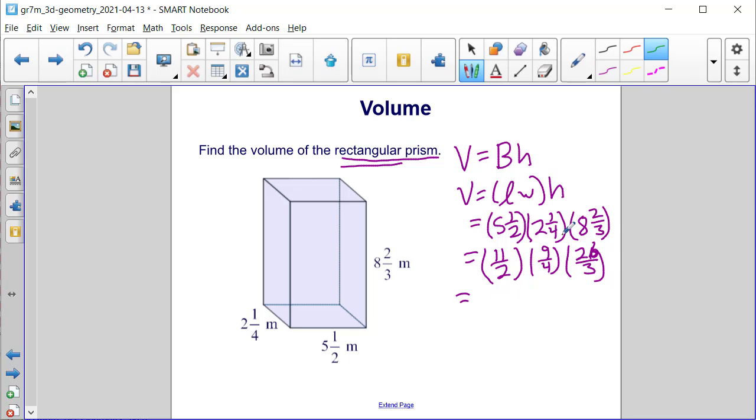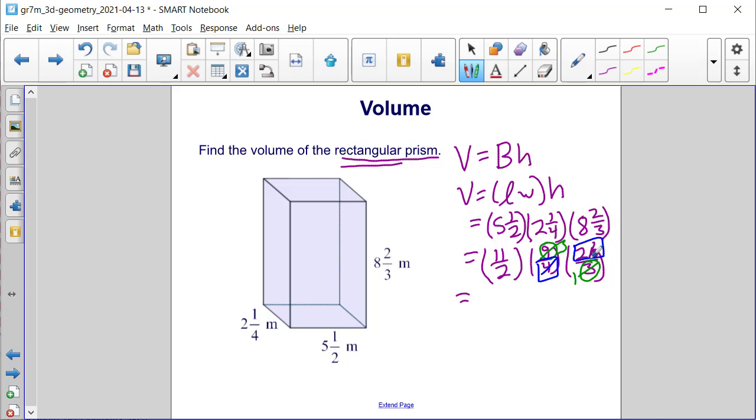But before doing so, I see some common factors that we can cancel out here. I see a 3 and I see a 9. Well, 3 divided by 3 is 1, and 9 divided by 3 is 3. I also see some even numbers. So this 4 can be divided into 26.